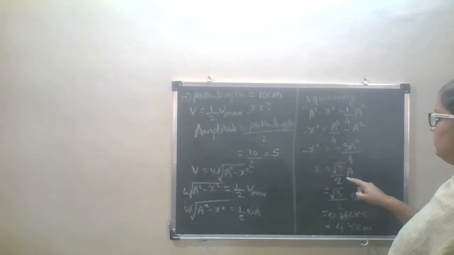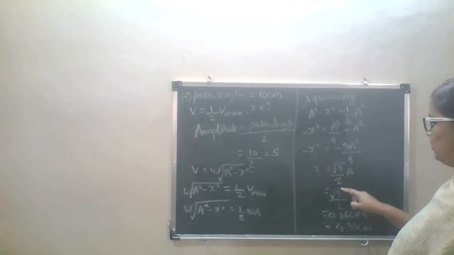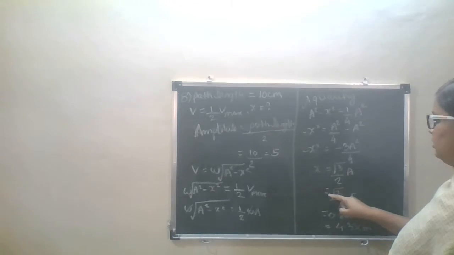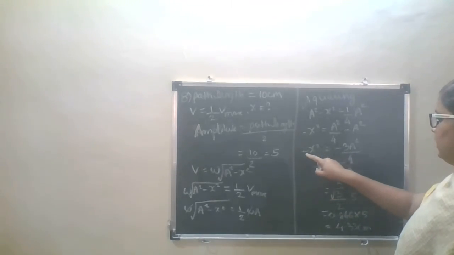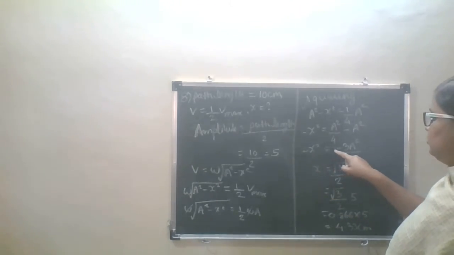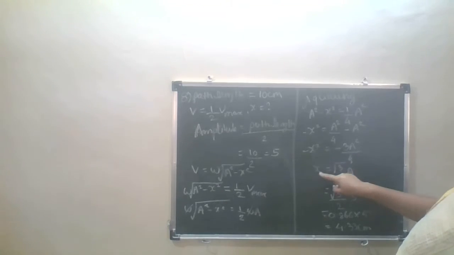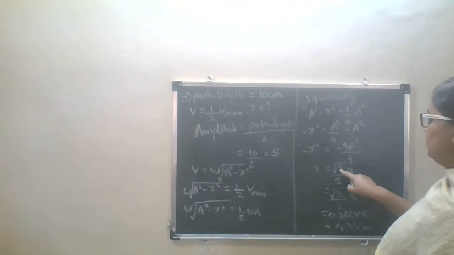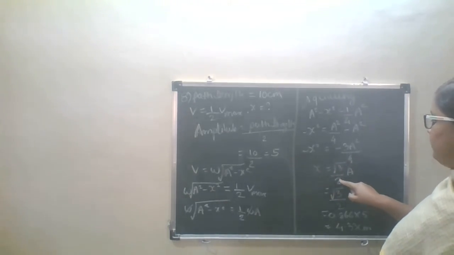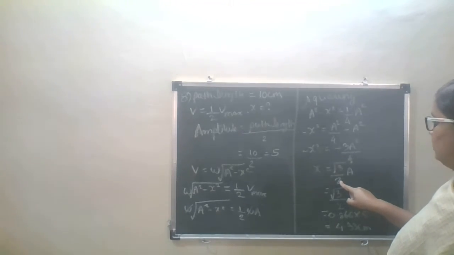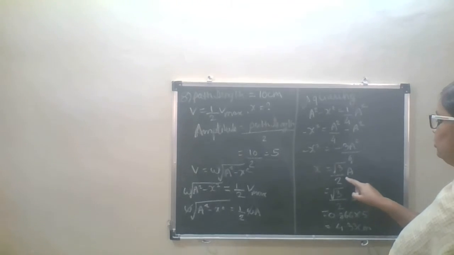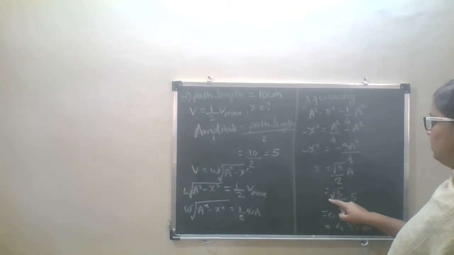Okay, then minus x square is equal to minus 3a square upon 4. Then x is equal to under root 3 by 2 into a, then under root 3 by 2 into 5.